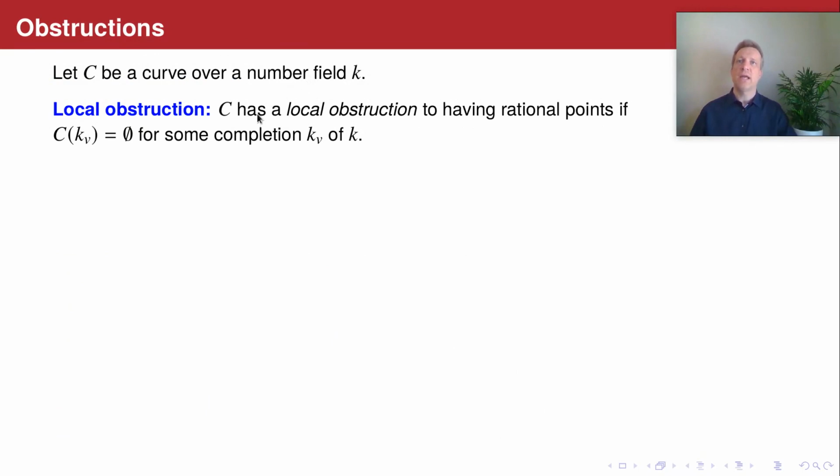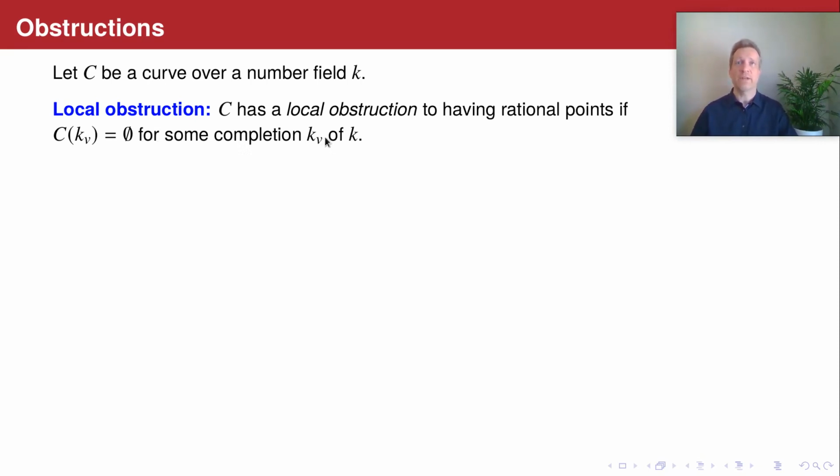We say that a curve over a number field has a local obstruction to having rational points if for some completion of the number field we can show that there are no rational points. Deciding if a curve has rational points over a completion of a number field is actually a decidable problem.